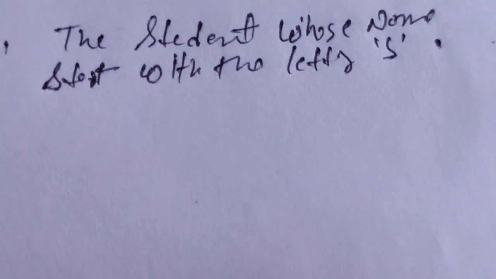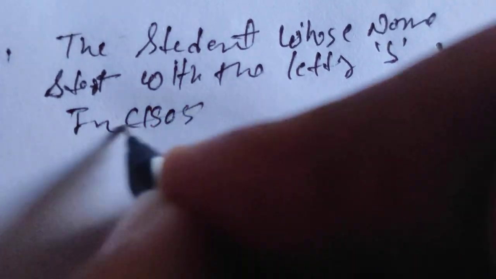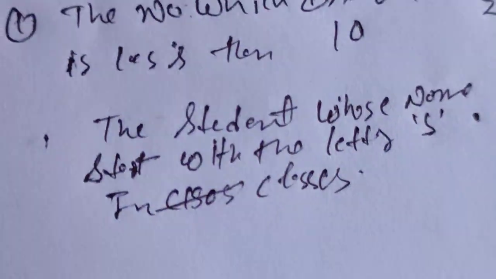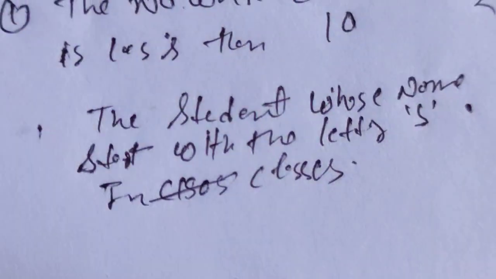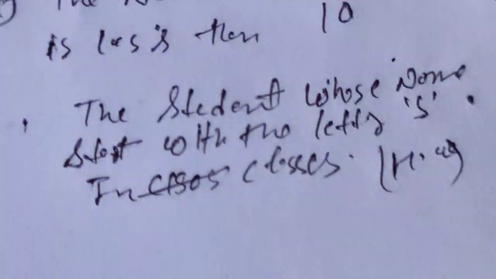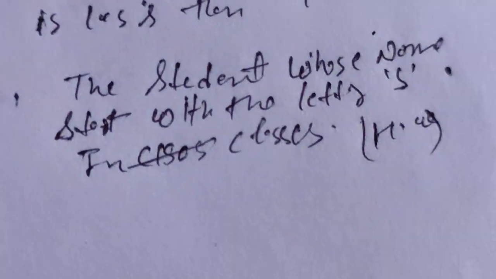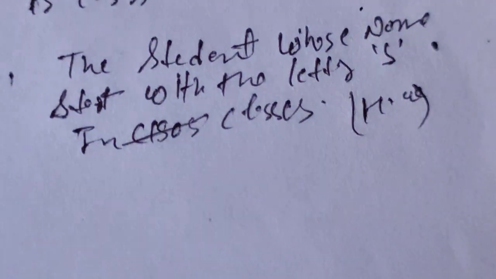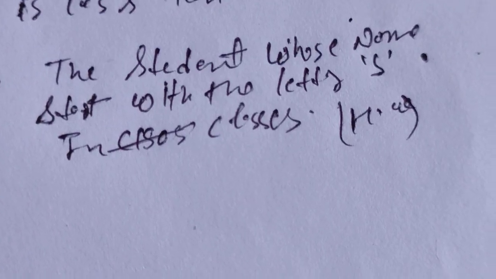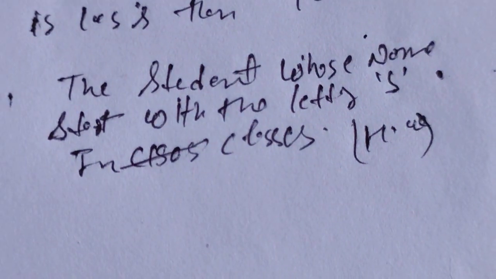So the students in your class or college whose name starts with S. This is a hypothetical example, because you know your class, your students' names, and how many students have names starting with S. This is your own homework, so please do it.